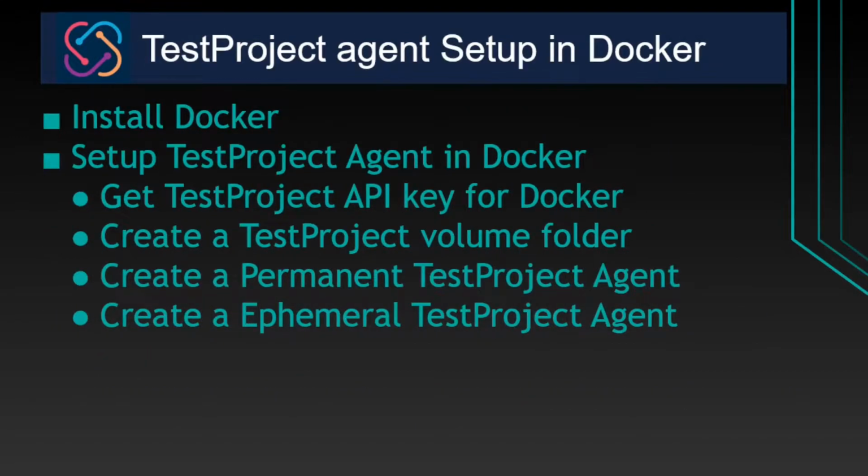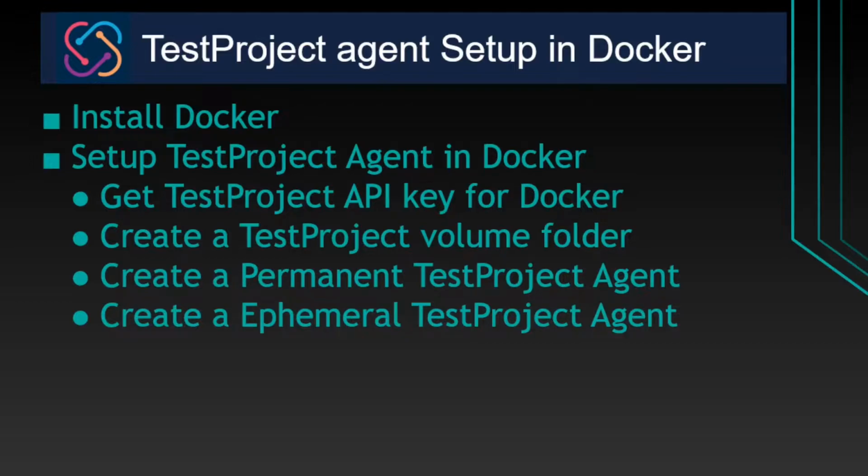What are the steps that we need to follow in setting up Docker? First, you need to install Docker on the machine, and then you need to set up the TestProject agent in Docker. How can we set up the TestProject agent in Docker?